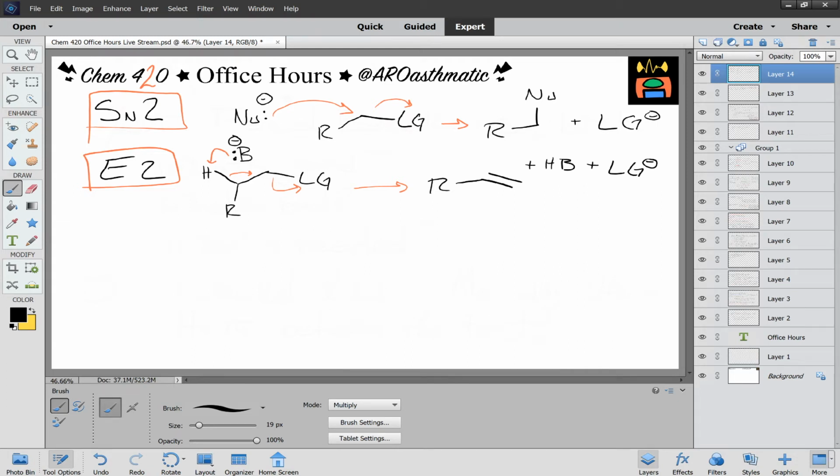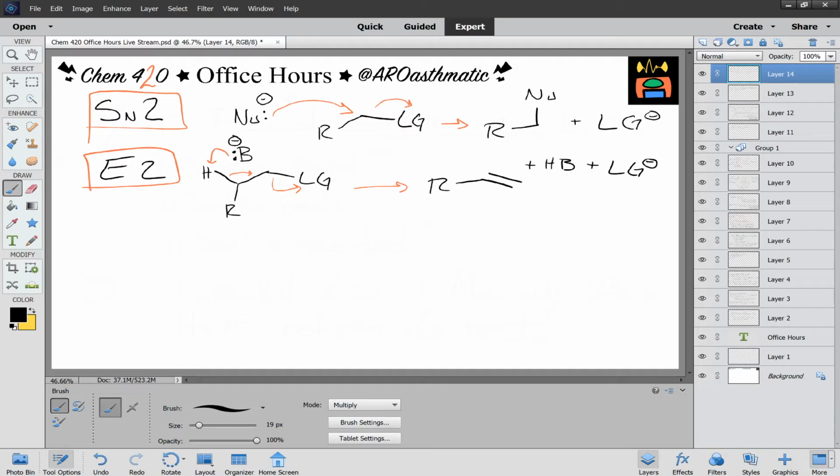All right. So when it comes to determining which is which, it's important to remember some very specific requirements, because Sn2 and E2 each have their own kind of hangups, their own deal breakers.